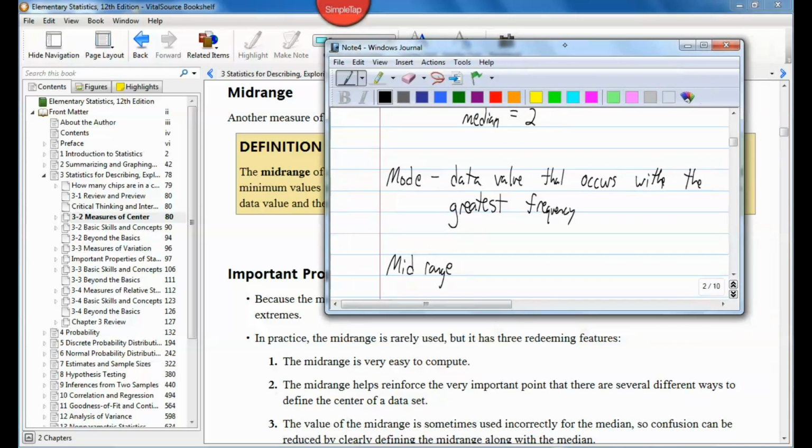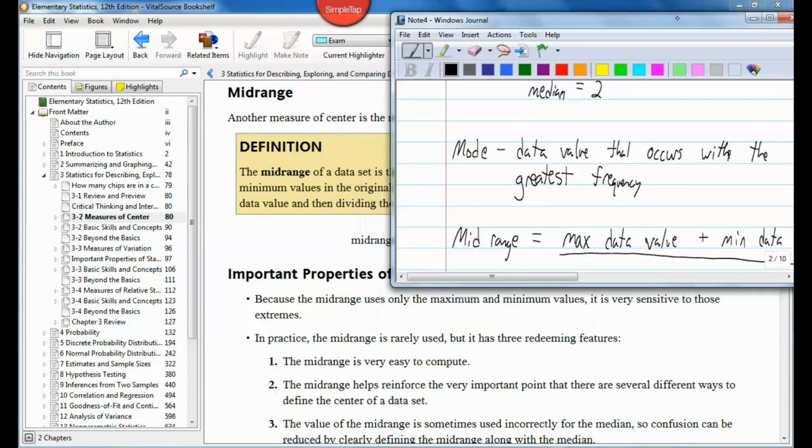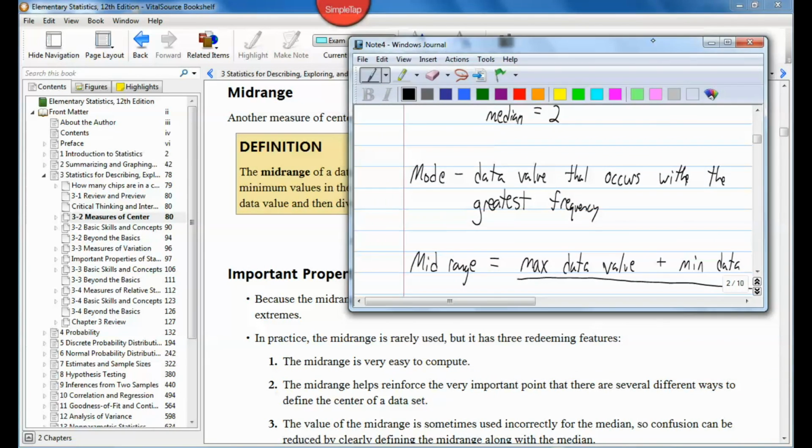So you find the biggest data value, you add the smallest data value or the minimum data value, and you divide by 2. That gives you the mid-range.